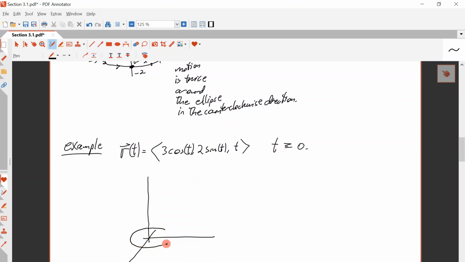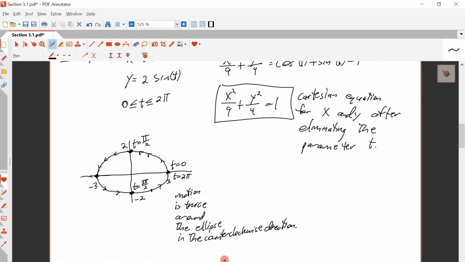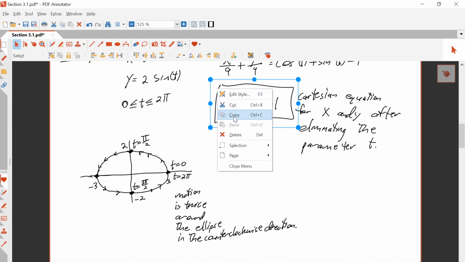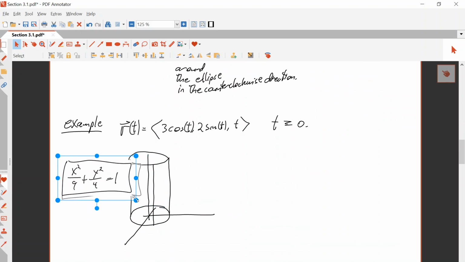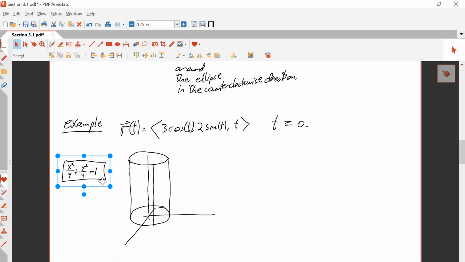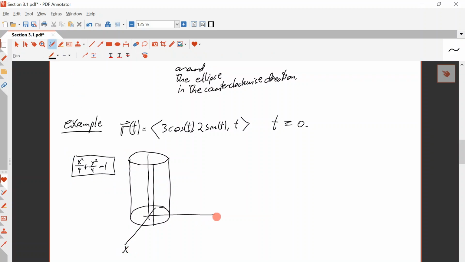So if we were to draw this ellipse, which is the ellipse x squared over 9 plus y squared over 4 equals 1. So that's the surface of that elliptical cylinder in XYZ space, where this is the x-axis, y-axis, and z-axis.